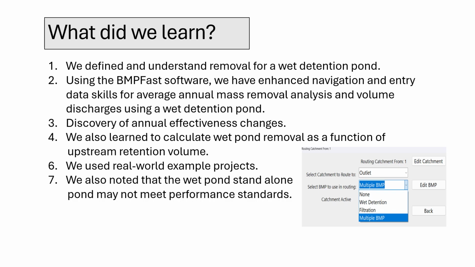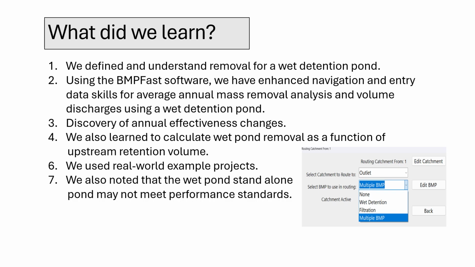However, it's crucial to remember that wet ponds are highly effective when integrated with other best management practices, forming a series of BMPs to collectively achieve higher total removal rates. We also noted that while upstream retention BMPs contribute to overall removal, they can paradoxically lower the individual removal effectiveness of the downstream wet pond.